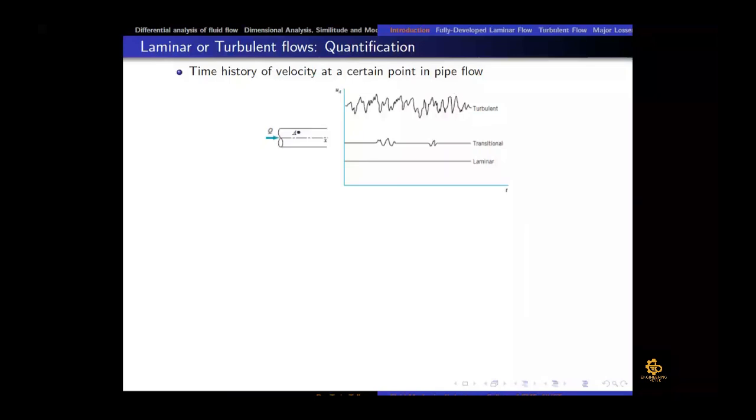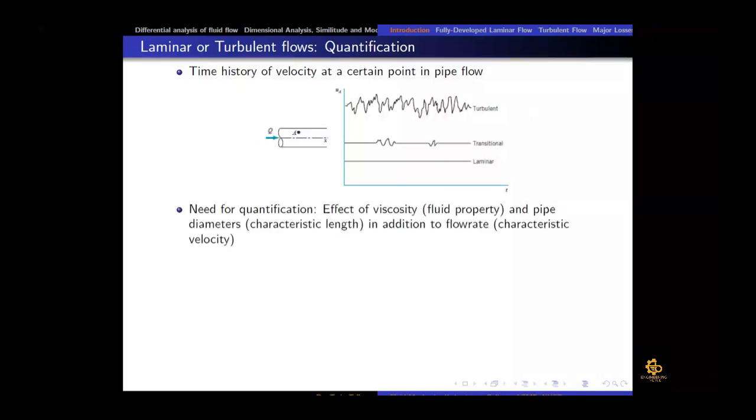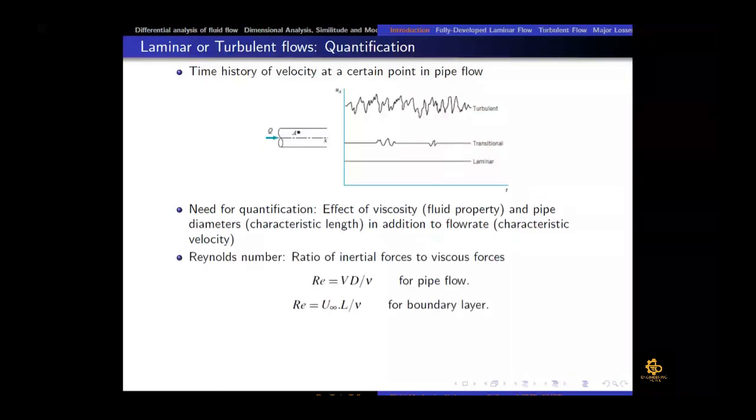As engineers, we need to come up with some numbers to make a distinction whether the flow is laminar, in the transitional range, or in the turbulent range. For that, we have a non-dimensional number called the Reynolds number. The Reynolds number is the ratio of the inertial forces to the viscous forces.